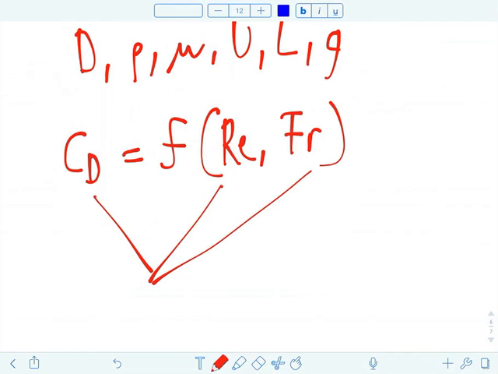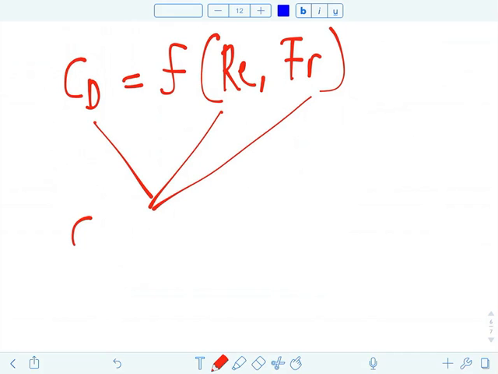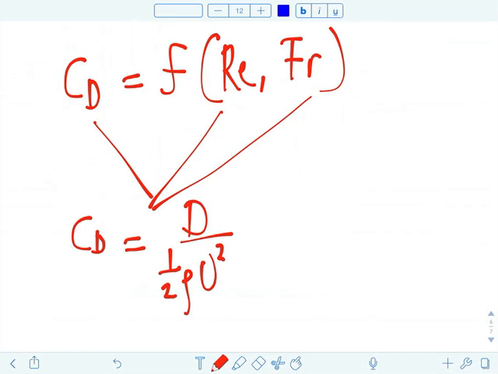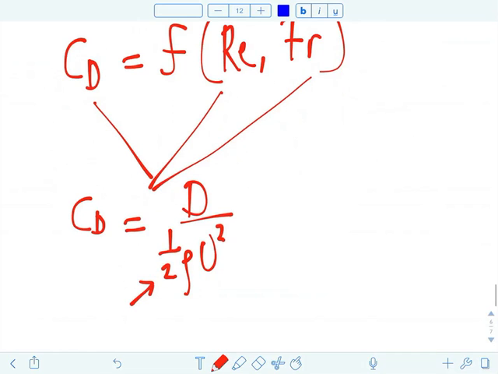Now a drag coefficient by convention is normalized. It's a force, we'll call it D here, divided by the dynamic pressure, 1/2 rho U squared. This 1/2 is a convention, so make sure you have it in there, times a characteristic area. That characteristic area depends on the problem that you're interested in solving.